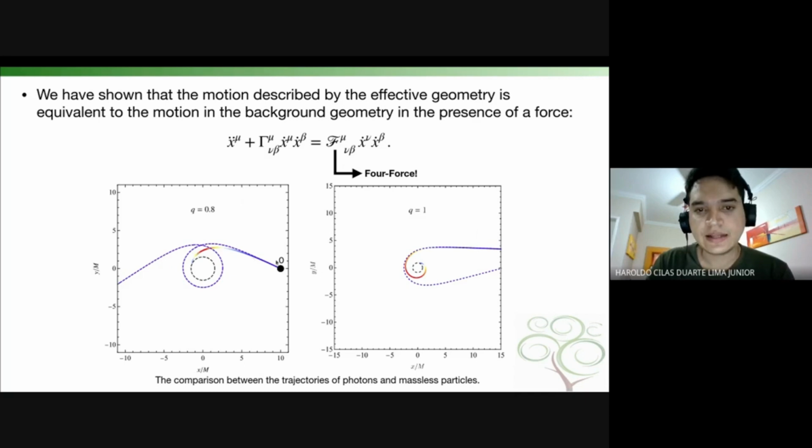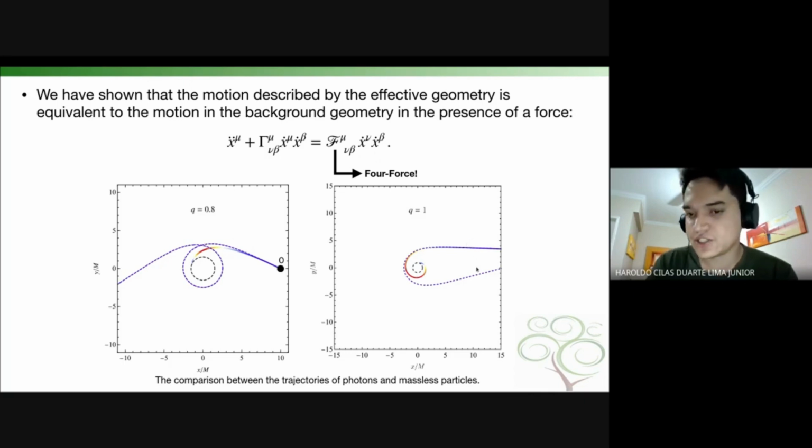And we notice here that the light ray, which feels this force term, is absorbed by the black hole, while the massless particle, which does not feel this force term, is scattered. We also have plotted this force term here, and we have shown that it is always negative, meaning that the light rays, the trajectories of photons, feel this additional attractive force, and then they fall into the event horizon in comparison to the massless particle which does not fall.